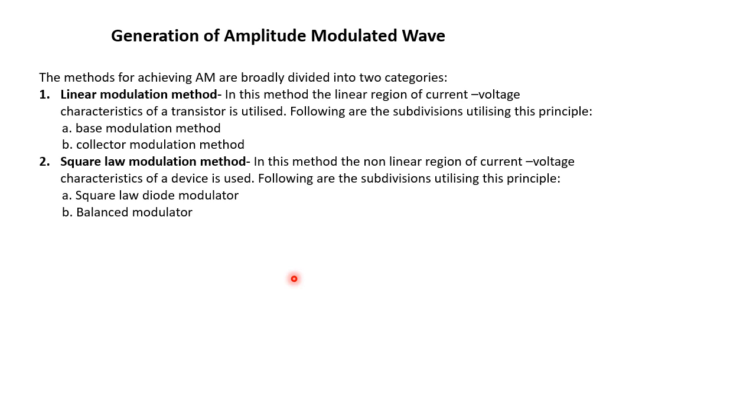That is, the current is directly proportional to the square of voltage. If a device has this kind of characteristic, based on square law, then these characteristics are utilized in order to obtain the amplitude modulated wave.